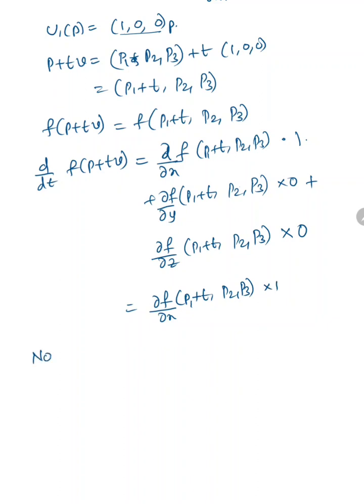Now d by dt of f of P plus tV at t is equal to 0 is equal to dou f by dou x at P1, P2, P3.